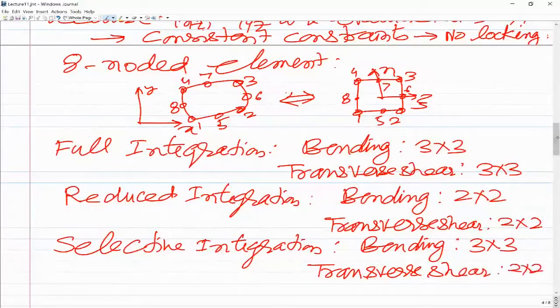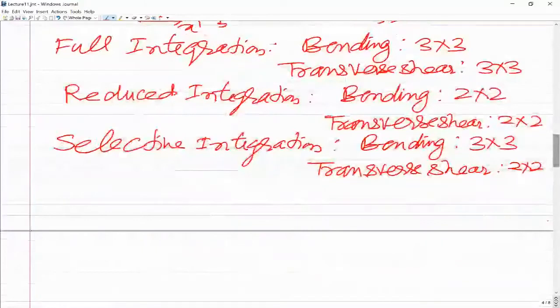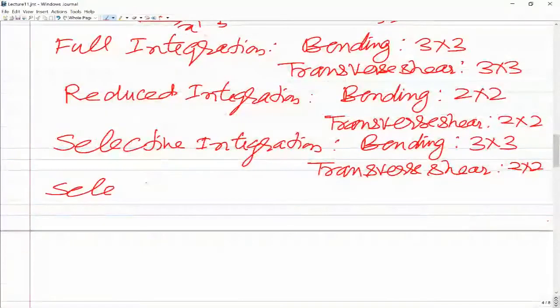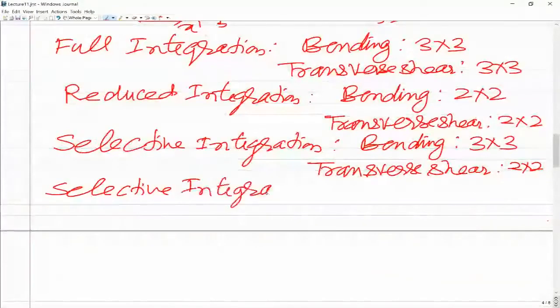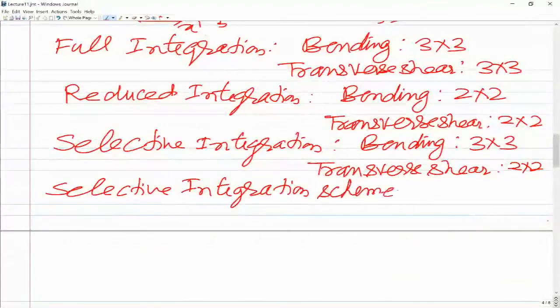And as I already said, selective integration is preferred over reduced integration, because the problem is coming from the transverse shear stiffness terms. So if we under integrate that term, the element performs better.